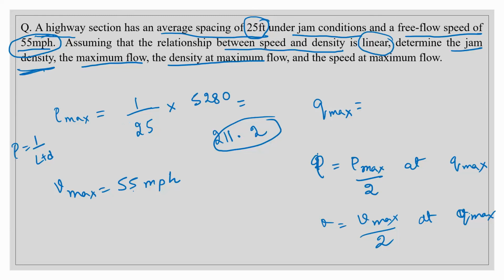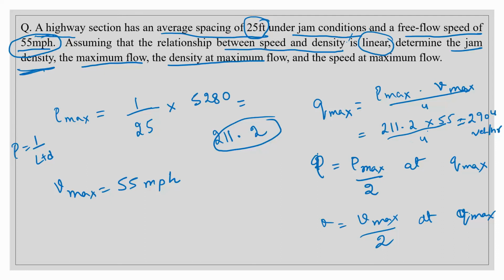And when you know rho max, Q max can be easily calculated. Q max is rho max into V max divided by 4. We have already seen this. So this one is 211.2 into 55 divided by 4. You can calculate, it will be approximately equal to 2094 vehicles per hour.